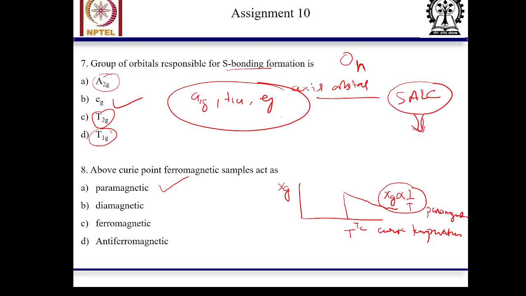But below the Tc, it rises abruptly, which is the ferromagnetic behavior. So this is a ferromagnetic material, and above the Curie temperature it behaves like a paramagnetic.